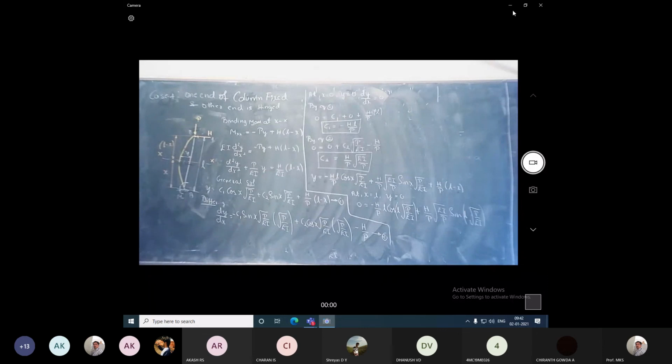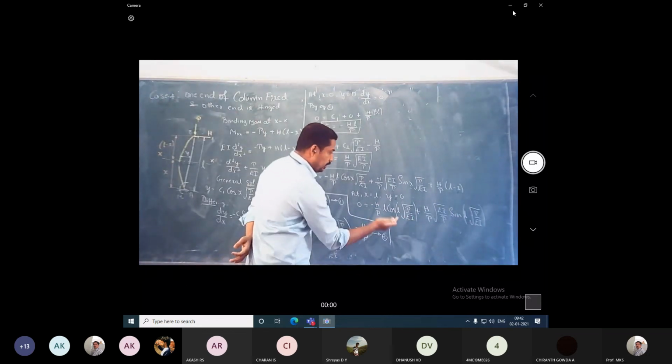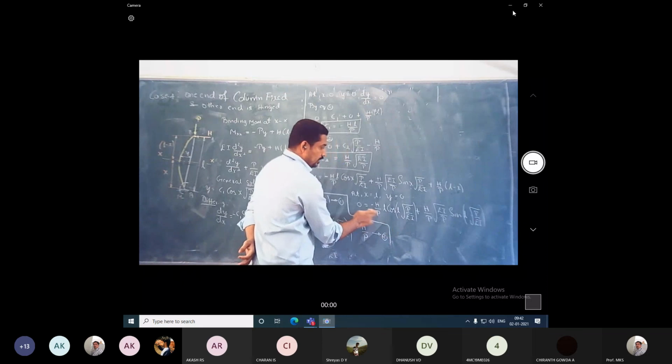So now you just rearrange the terms. If I rearrange this, if I take this minus to the other side, it will be plus.